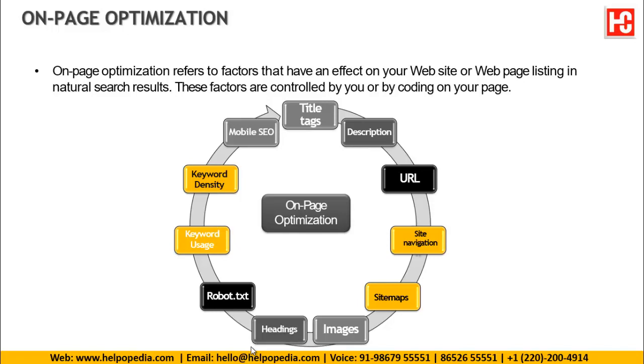For that reason, it has to go through stringent quality tests, and only after that can it get an ISI mark. So that is the ISI mark for the electricals.